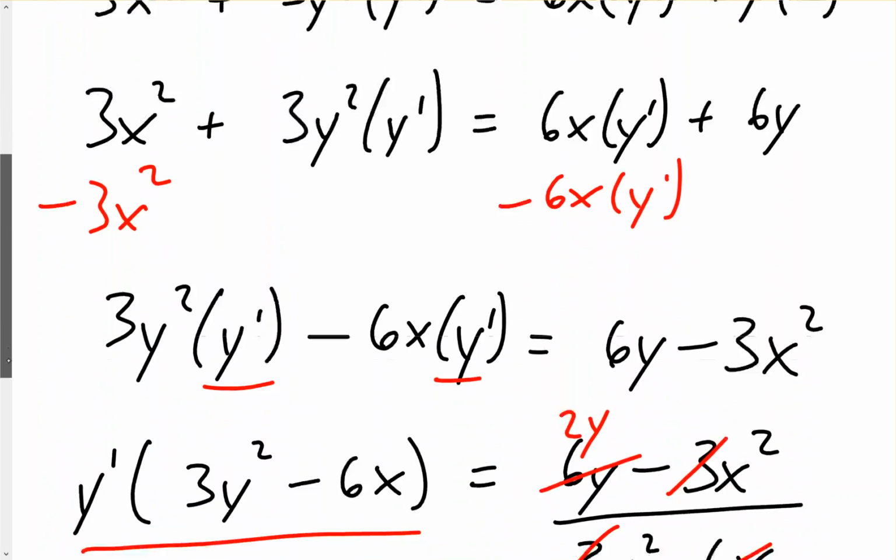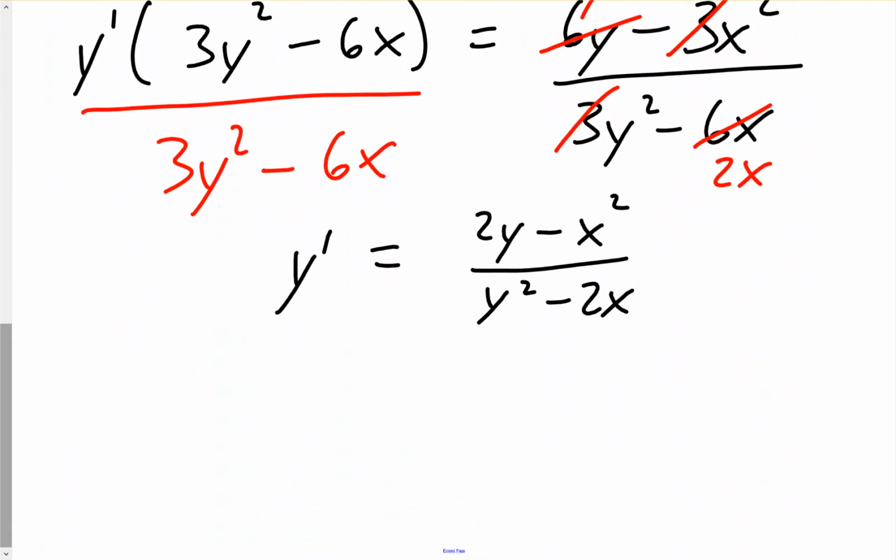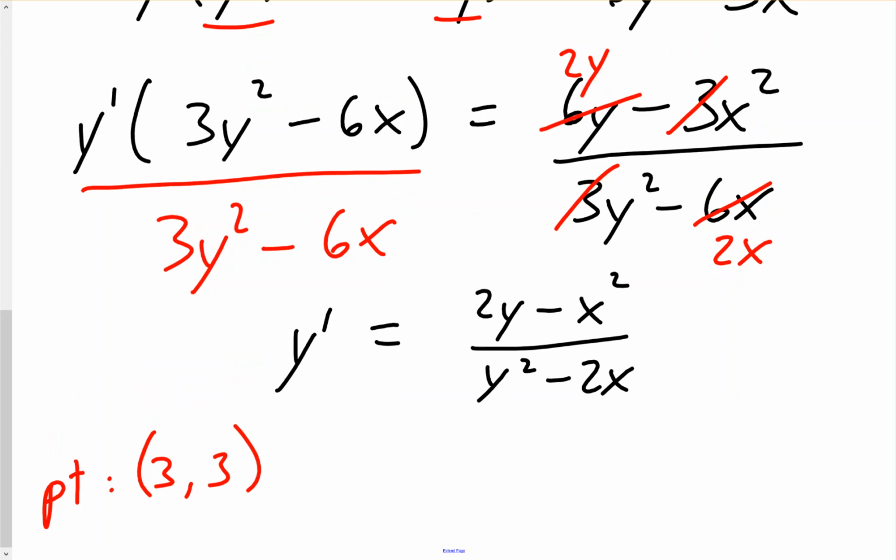So the point is 3, 3. Let's get the slope at 3, 3 first. So we're plugging in 3 and 3 into both x and y.